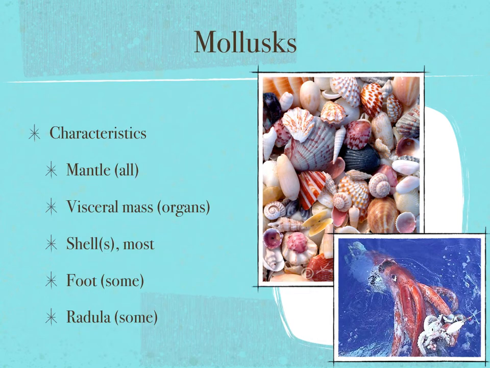So let's look at general characteristics of all mollusks. The first general characteristic is that all have a tissue called the mantle. Now the mantle is a specific type of tissue, just like your epidermis is a type of tissue. That mantle gives rise to and secretes a shell in most mollusks.